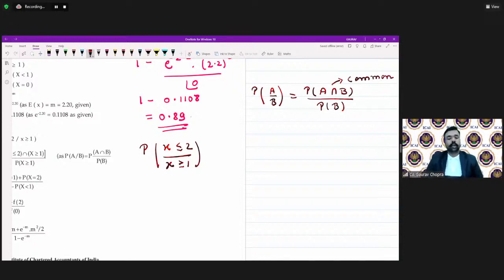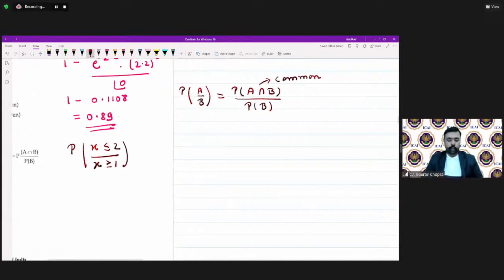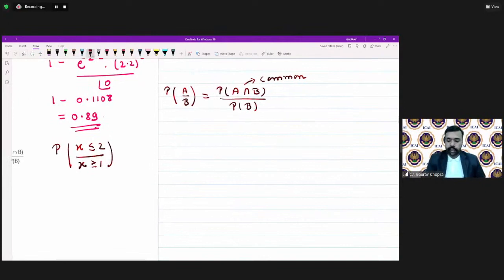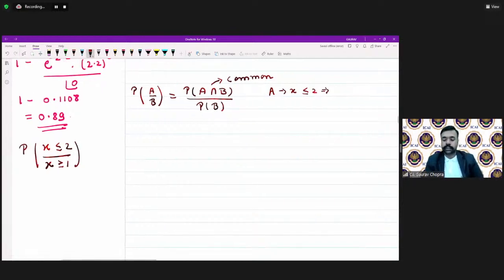Intersection means common. So what is common between A and B? See, A wants to say that x is less than or equal to 2. Less than or equal to 2 means 2, 1, and 0. X cannot be negative. And as per B, x is greater than or equal to 1.